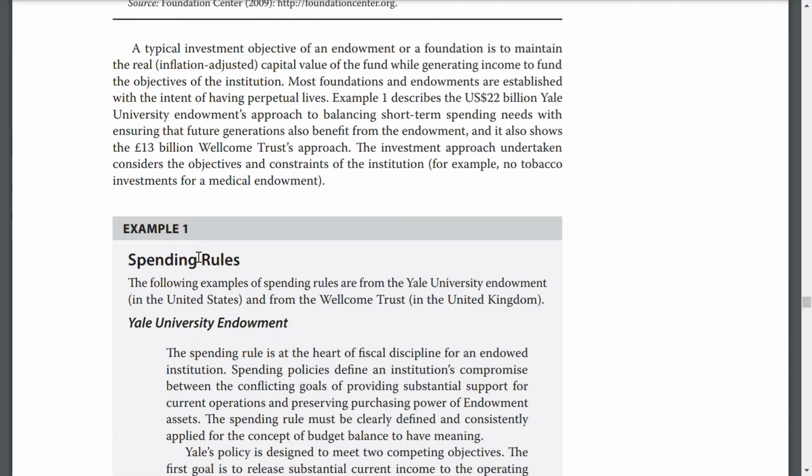Example 1 describes the 22 billion Yale University endowment's approach to balancing short-term spending needs with ensuring that future generations also benefit from the endowment. It also shows the 13 billion Wellcome Trust approach. The investment approach undertaken considers the objectives and constraints of the institution.